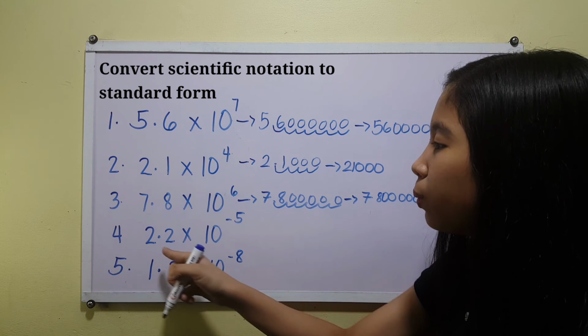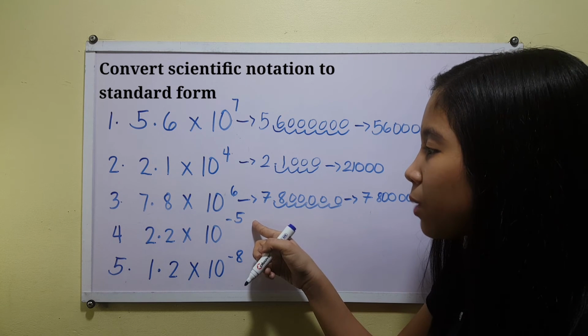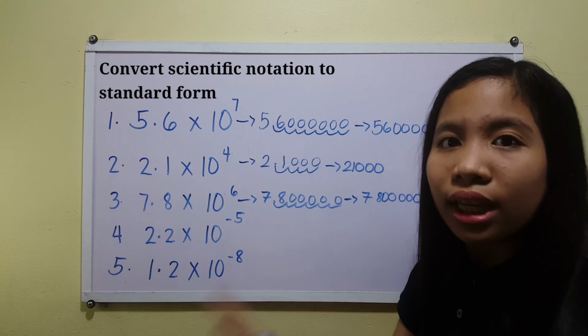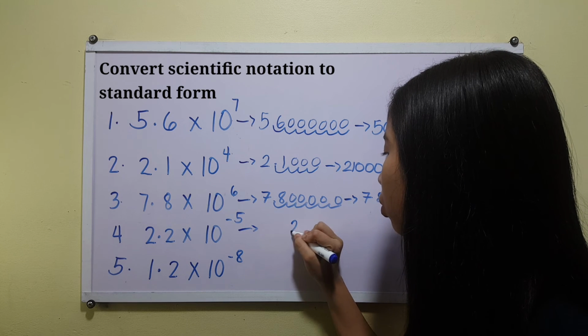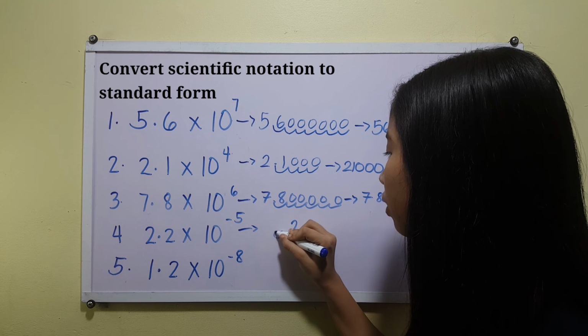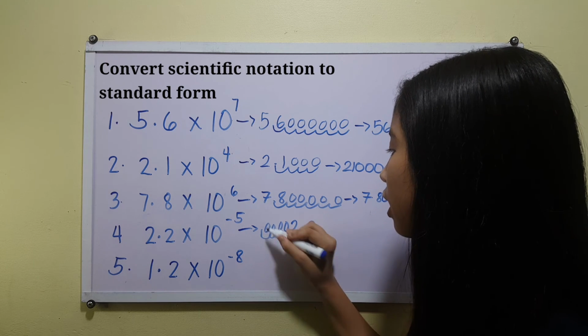Next, we have 2.2 times 10 to the power of negative 5. And since our exponent is negative, we are going to move the decimal point 5 times to the left. So we have 2.2. So 1, 2, 3, 4, 5. Put 0 in the spaces.